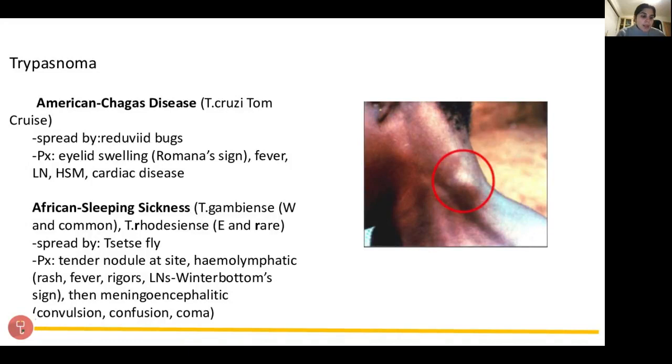Winterbottom sign is this posterior cervical lymph node swelling, and Winterbottom was a physician, and I think he was actually an abolitionist, but he reported this sign in slaves because slave traders would feel for slaves' necks to see if they could feel the cervical lymph nodes, and they wouldn't buy them if they could feel them because they knew that this person was unwell and then could develop this meningoencephalitic manifestation where you're getting convulsions and it can develop into a coma.